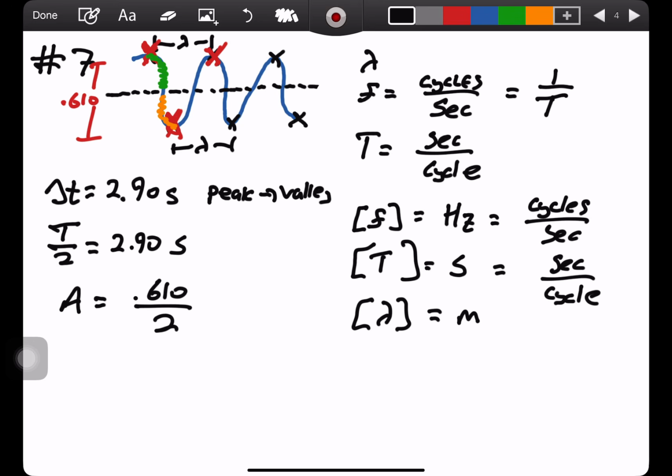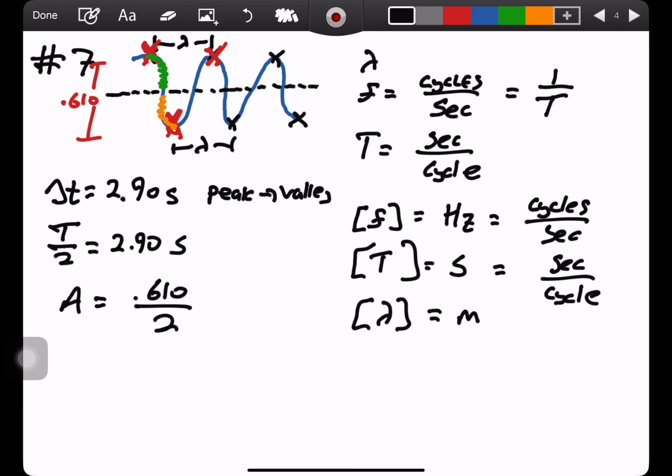This is the key. That 0.610 that we're told, that's from the highest point to the lowest point. But amplitude is from equilibrium to highest or from equilibrium to lowest. That's why I divide that total distance by 2. So the amplitude is going to be 0.610 divided by 2.